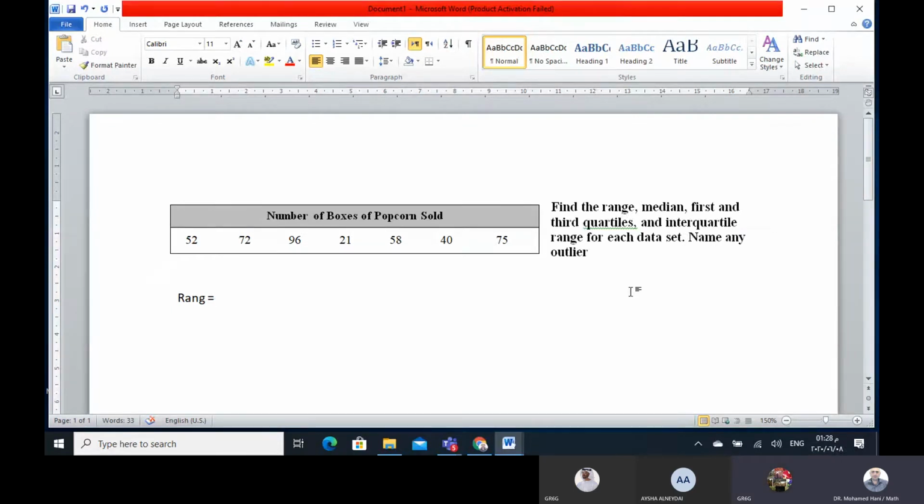I found the median, first quarter and third quarter. The median is 58, the first quarter is 40, and the third quarter is 75. Great, Leon, thank you. Now, who can find the range? And the outlier is 96.